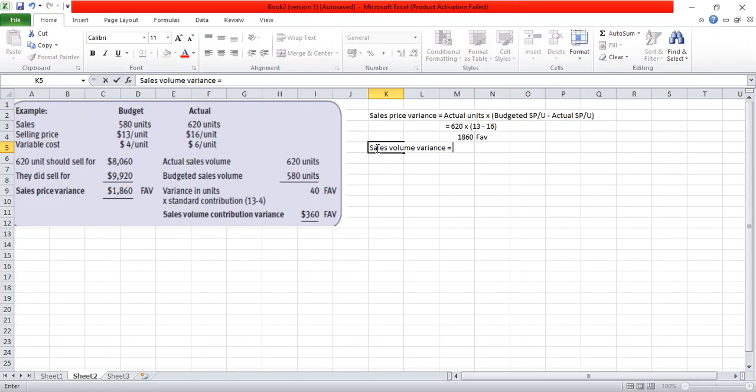Volume variance is about the standard profit per unit into the difference in the standard units minus actual units.